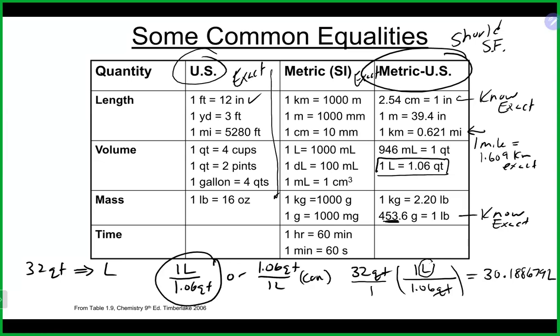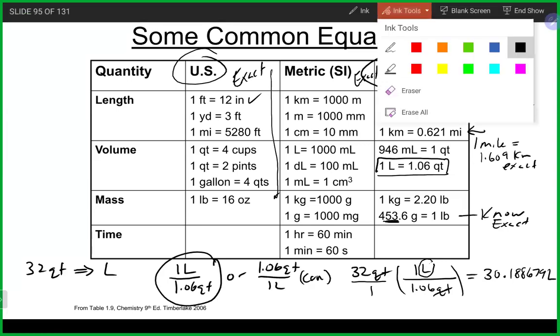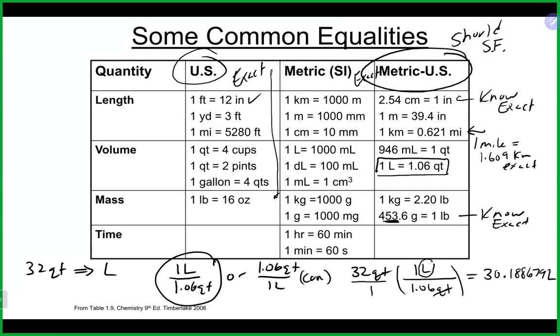Now, when we go to count significant figures in this case, because we are actually using a metric to English conversion, we have to look at the significant figures in that conversion factor. The one that we look at is the one that's actually a number. A lot of times one part of the conversion factor will be 1 and the other will be a number. So in this case, we look at the significant figures in this part of the conversion factor, and that's 3.